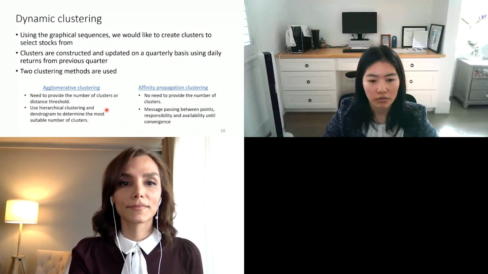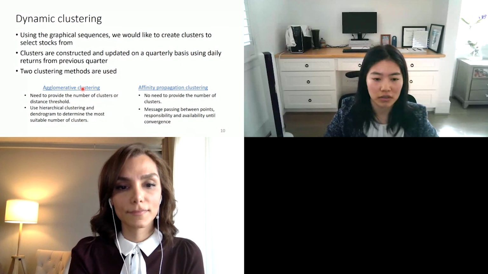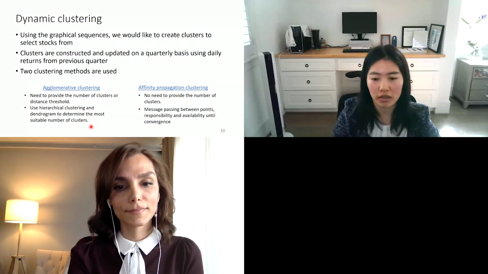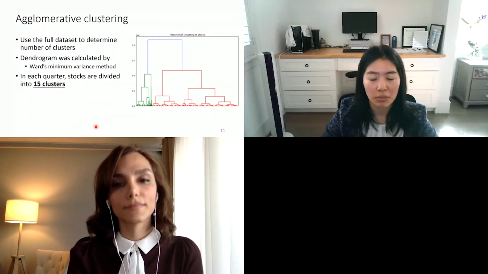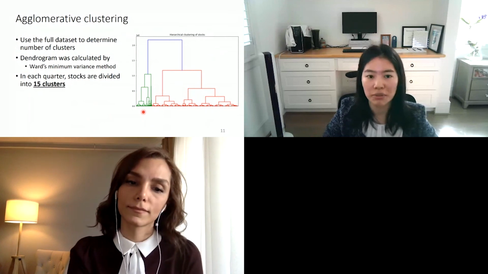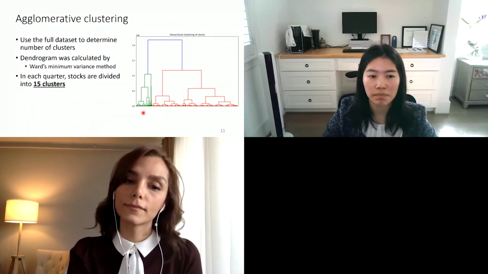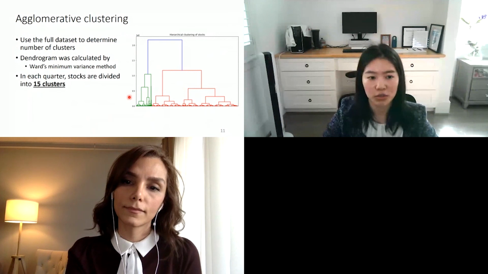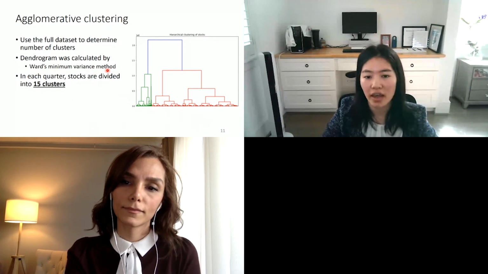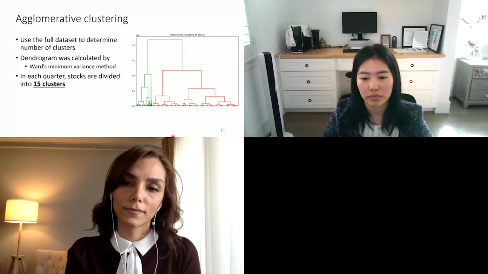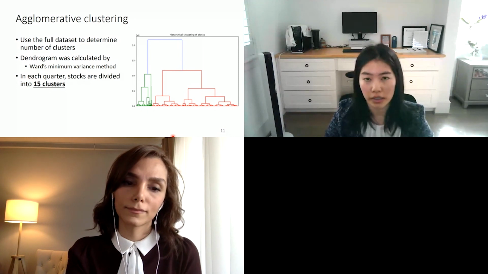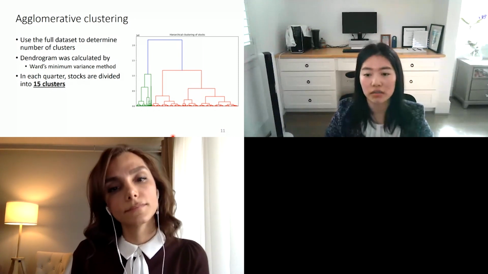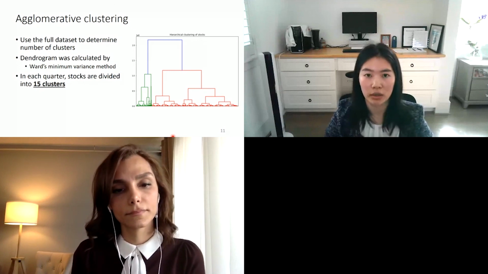So versus agglomerative clustering, this is a different method, and K-means is also a different method. But agglomerative clustering is a little bit more similar to K-means, because for agglomerative clustering, we were using Ward's minimum variance method. So in the end, it makes the stocks that are close to each other in the space, in a Euclidean distance sense, end up being in a cluster.